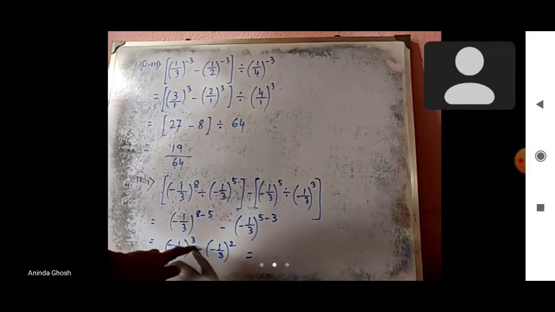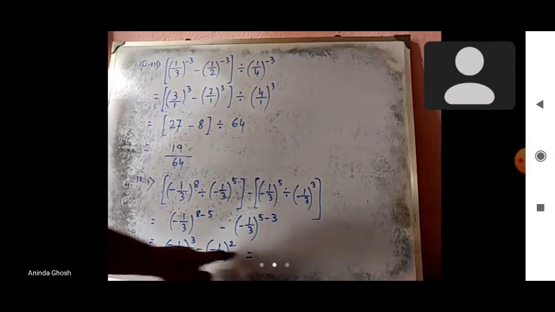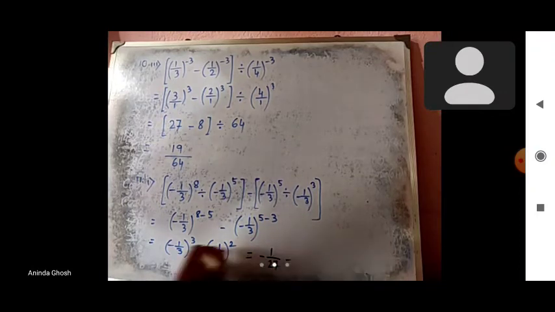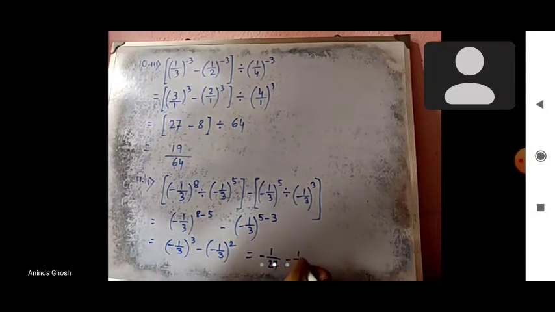So base negative, power odd, result negative. That's why we write minus 1 upon 27. And minus of base negative, power even, result positive.